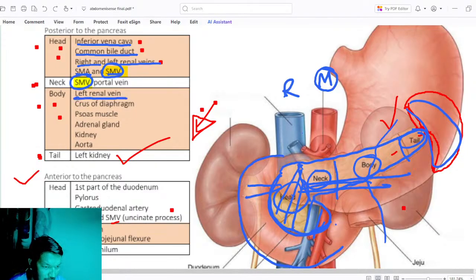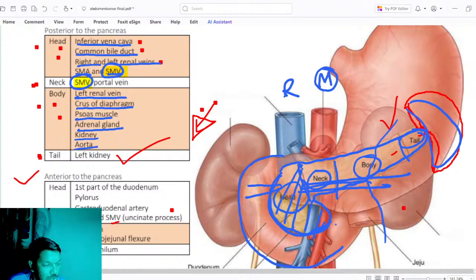Left renal vein, crus of the diaphragm, especially the left psoas muscle, left adrenal gland, left kidney, and the aorta, abdominal aorta. Okay. And behind the tail will be the kidney.